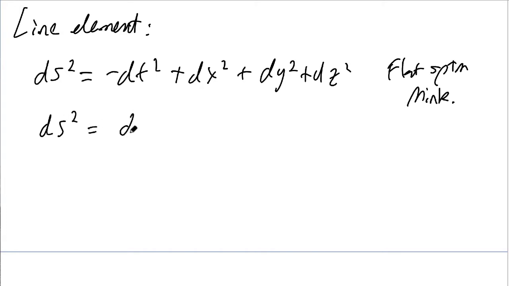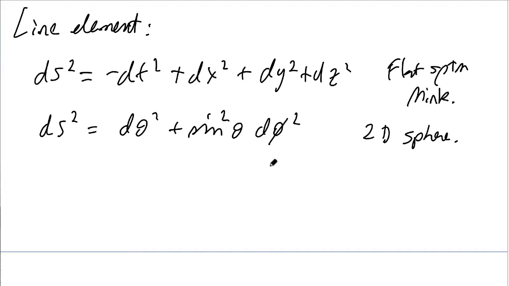This is the line element for a two-dimensional sphere in spherical coordinates, and so on. In general, the line element is a quadratic expression in terms of the dx mu's.